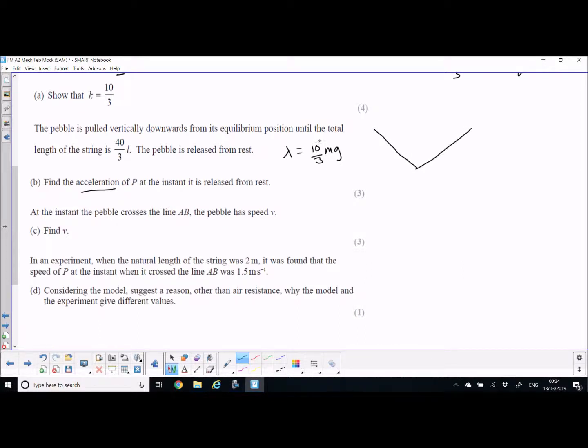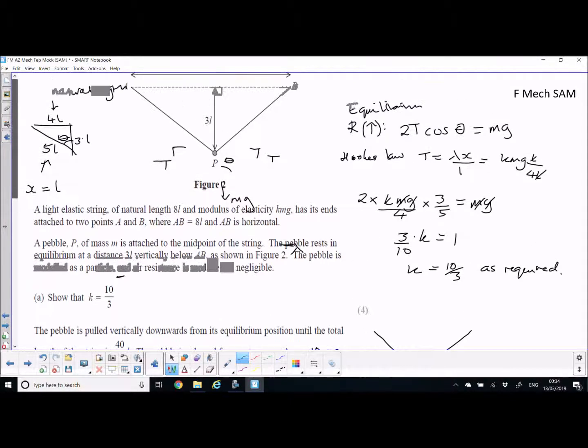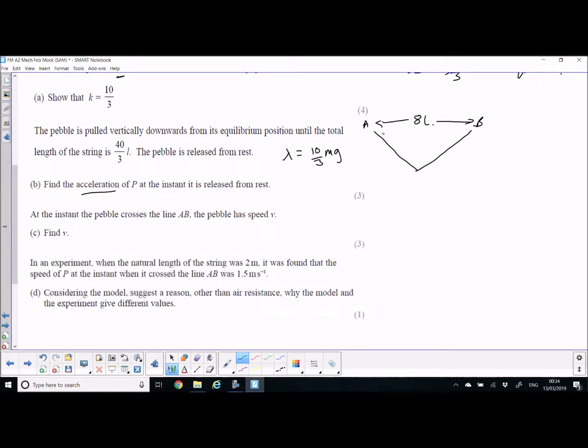So we've got our points here, point A and point B, and they are still a distance of 8L apart. Now it's pulled down until the total length of the string is 40 over 3L. So that means one side is going to be 20 over 3L now.